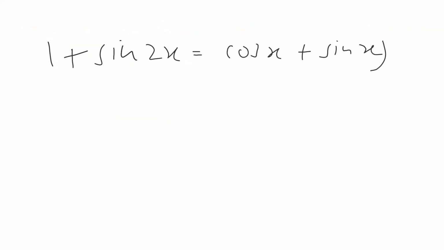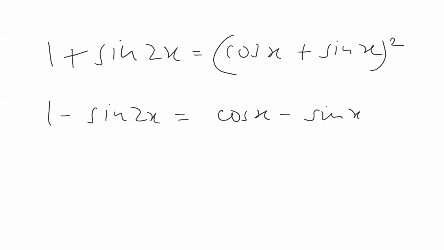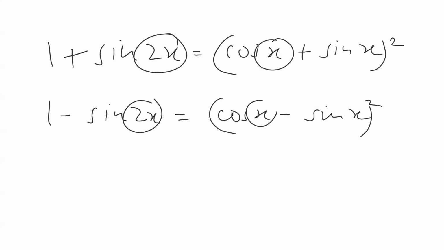Now let me tell you one thing. 1 plus sin 2x is cos x plus sin x the whole square, and 1 minus sin 2x is cos x minus sin x the whole square. So remember this, these are half angle formulas or double angle, whatever you say. Had it been x over here, we would just write x by 2 on the right hand side. 2x becomes x, so x will become x by 2.